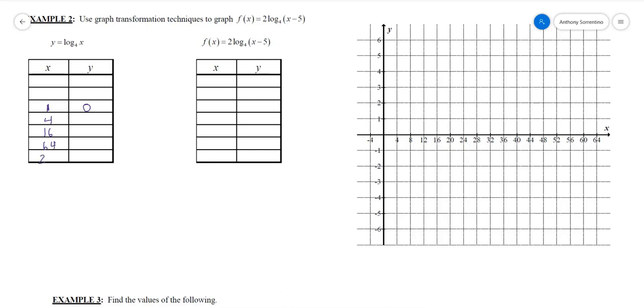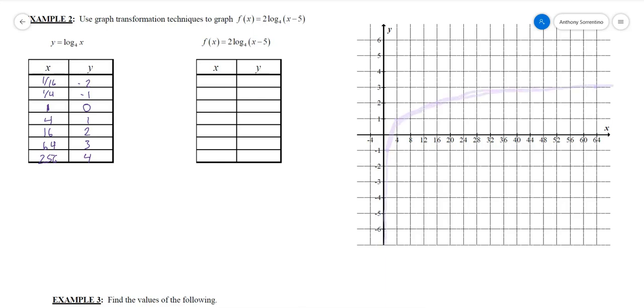The next one would be 256. These represent your 1, 2, 3, 4. These are the exponents that would raise 4 to get the numbers that I have for x. And of course, I also want to consider things like 1/4, which would give me the -1, and 1/16, which would give me the -2.